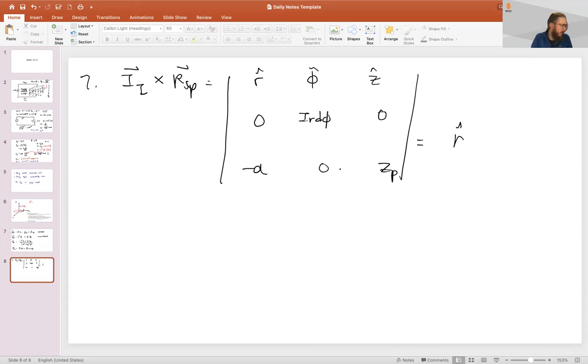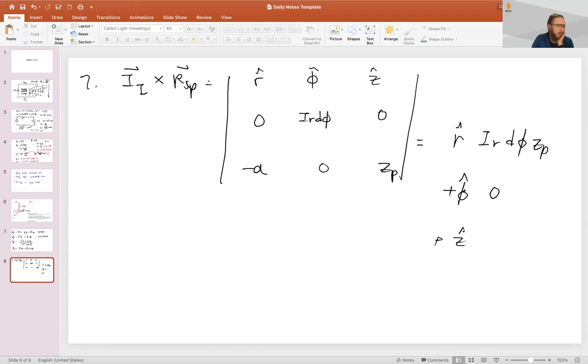All right, so what is the r directional component? I already see 5. What is the phi directional component? 0.